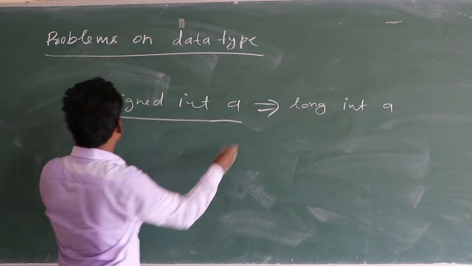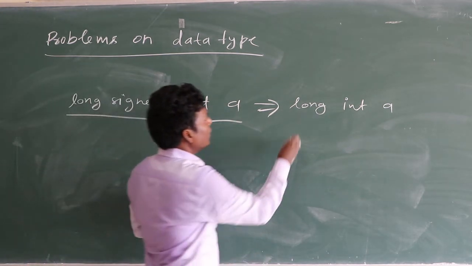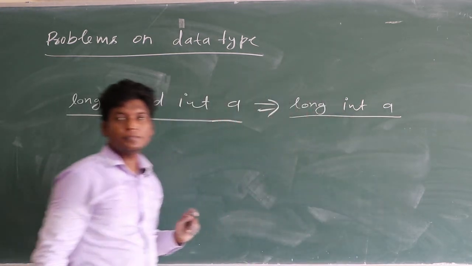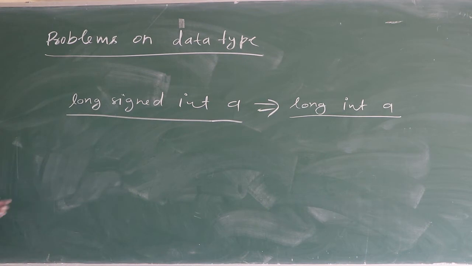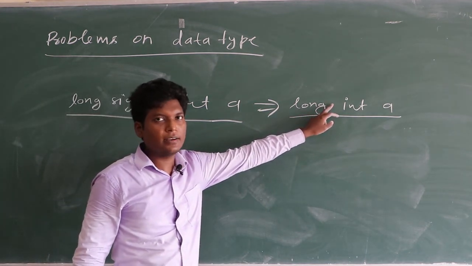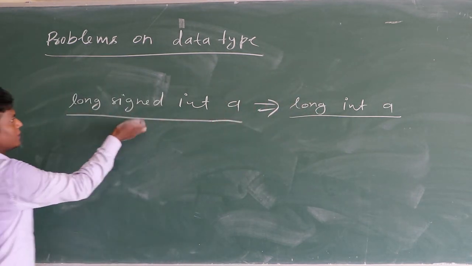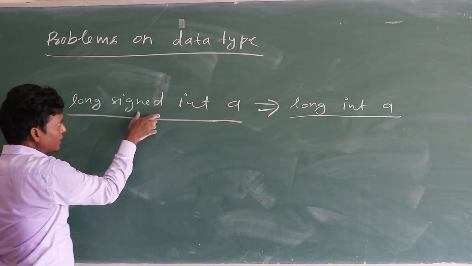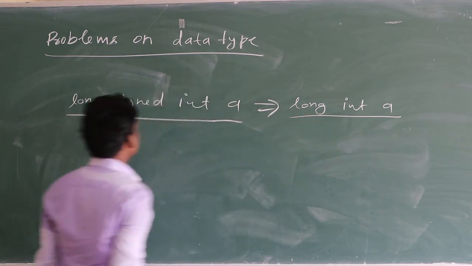Signed is hidden. So you can write this equal to this. You can choose either this or this.